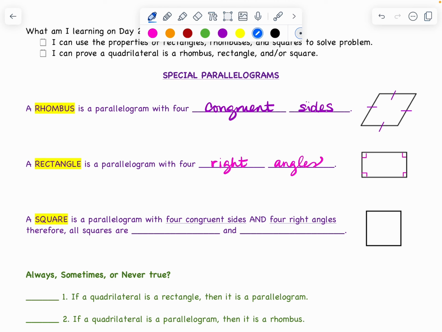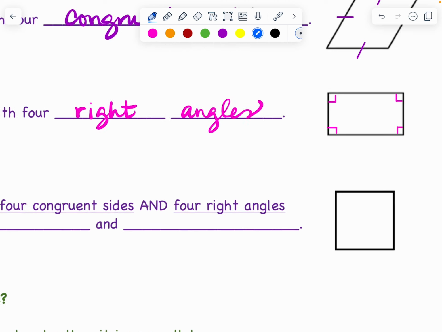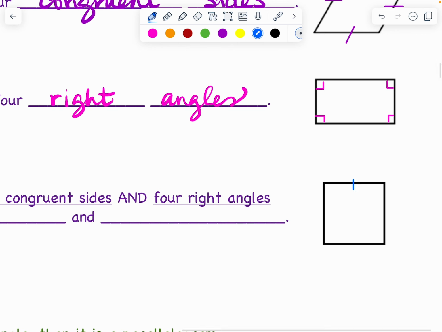All right, and then lastly, we have squares, and of course, squares have both of those properties that rhombuses and rectangles do. They have 4 congruent sides and 4 right angles. All right, so I'm going to sketch all that in my picture. There's my 4 congruent sides. Here's my 4 right angles.